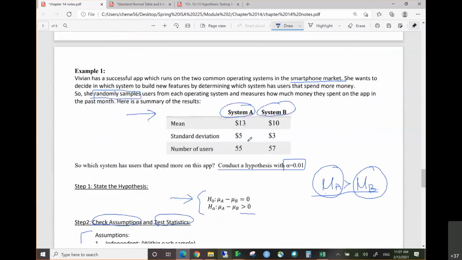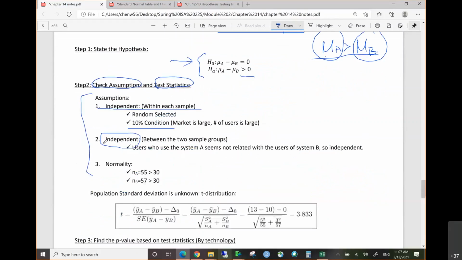Can we check this independence assumption? Are the users in system A independent of the users in system B or not? They should be independent. The users should not have any relationship with each other. So this independence assumption is checked.